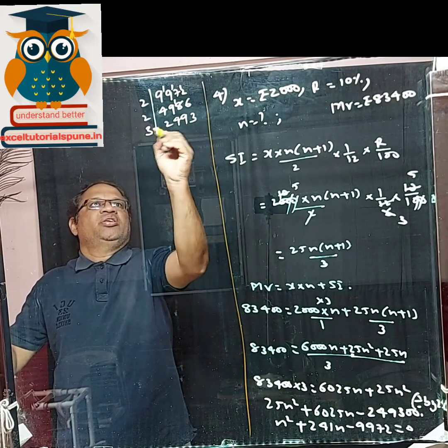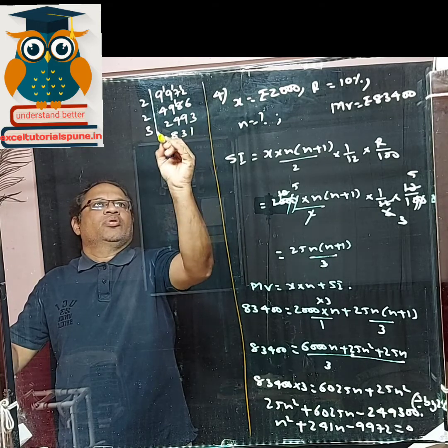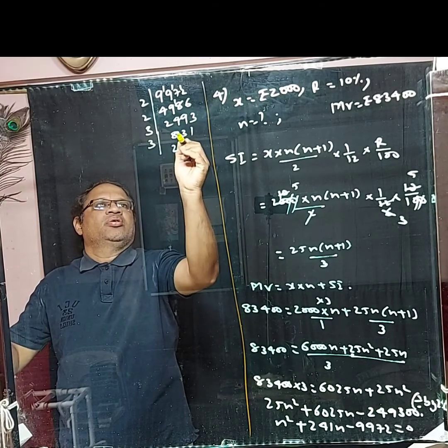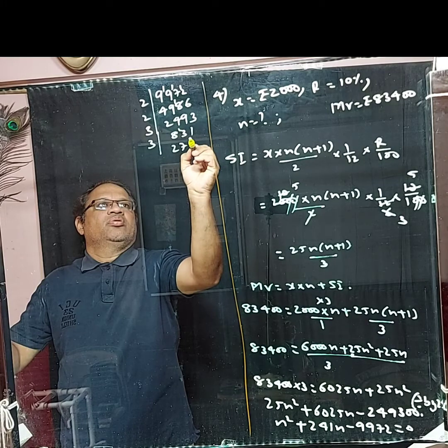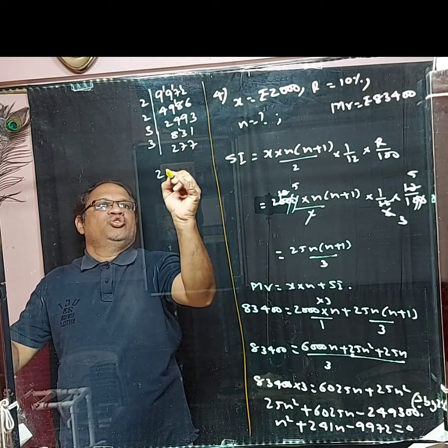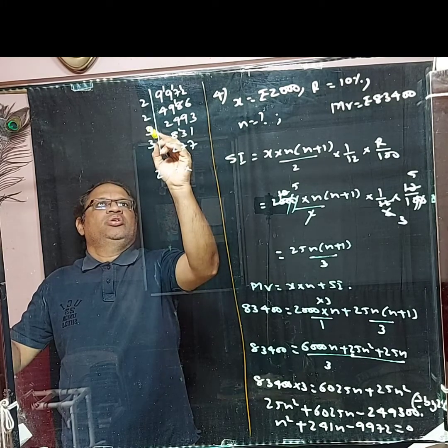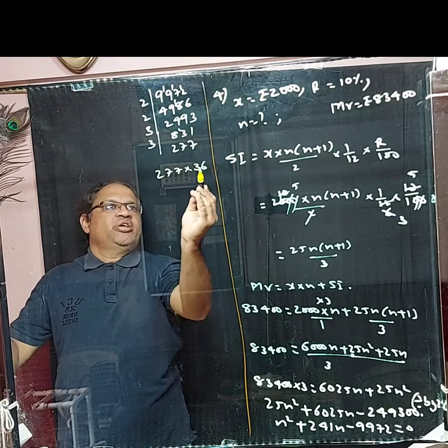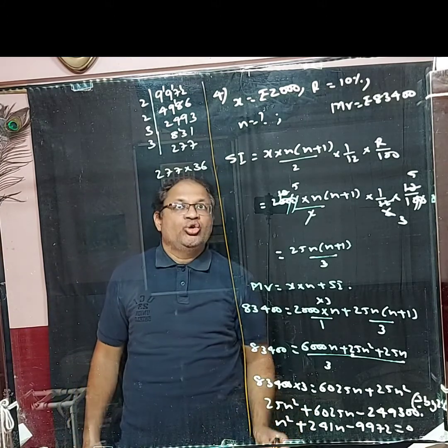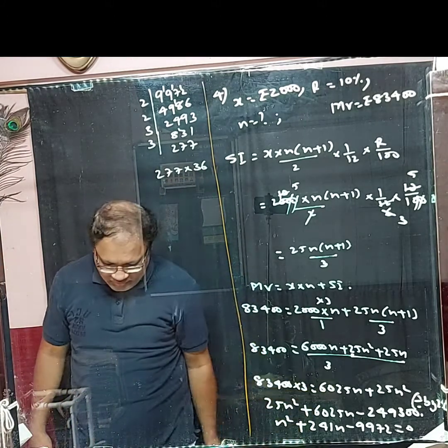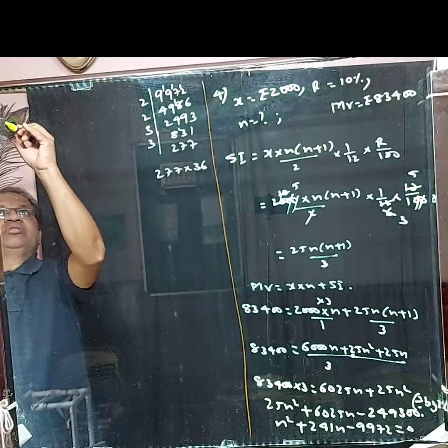Then this goes by 3. Again by 3. So it is 277 into 36. 277 minus 36 is 241. So then after that we have to write like this.